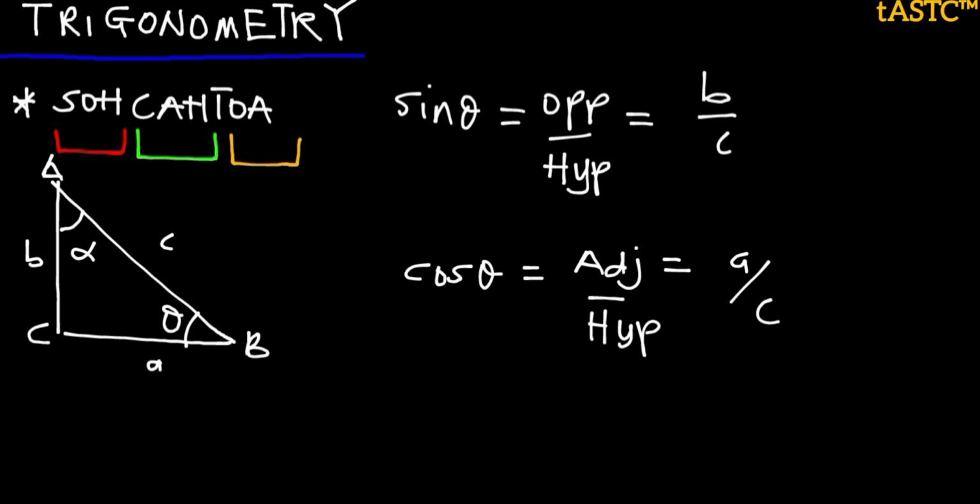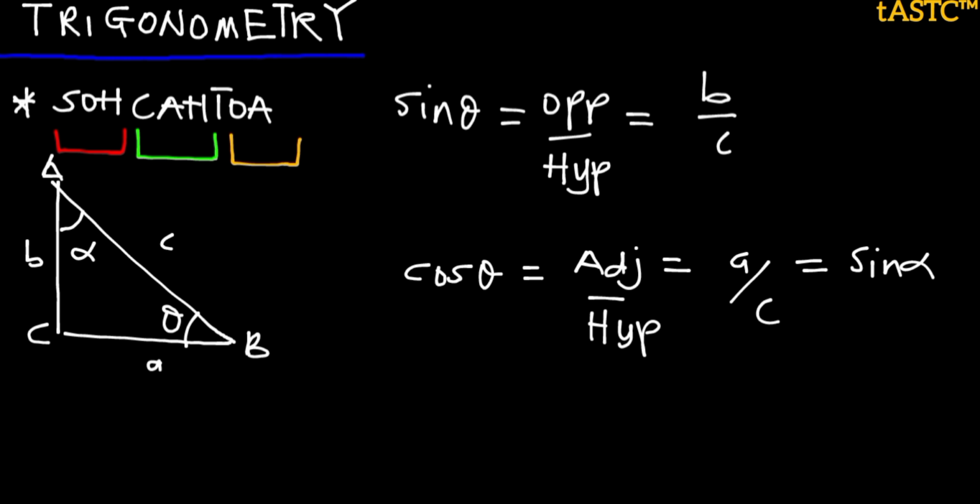Now notice that this is the same thing as the sine alpha, which we found just previously. We're going to talk about this later on, but just hold this at the back: cosine theta and sine alpha are the relationship you would need to combine complementary angles. Those are angles that add up to give 90 degrees.